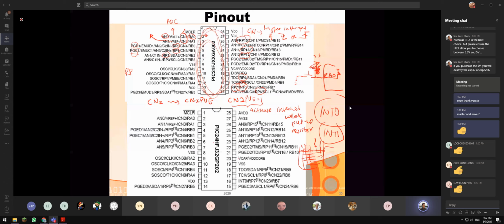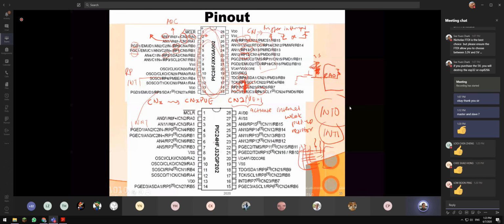Suddenly all this side is blocked. I cannot connect to the interrupt pin. Let's say INT0 is already blocked. But I can always remap this: I want this to become INT1, or this to become INT1. So this is called a remapping pin. Is it okay in the class?